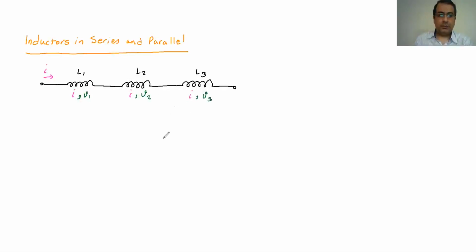Then if I want to replace this with one inductor, assume this point is A, B, and replace the entire 3 of them with one, this one is going to be L equivalent. Again, the current that goes through it is going to be I, and it has a voltage V that's not equal to any of these 3.